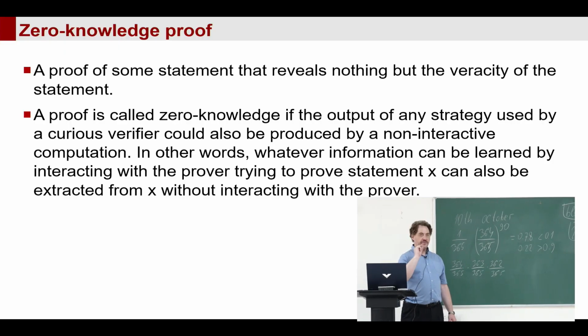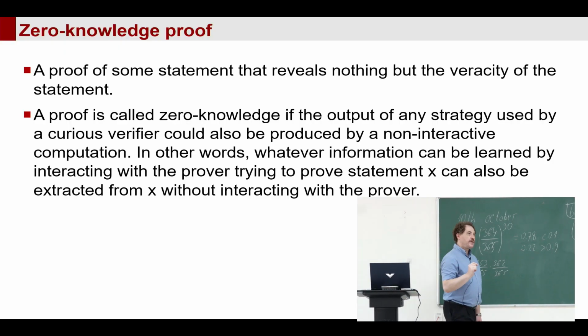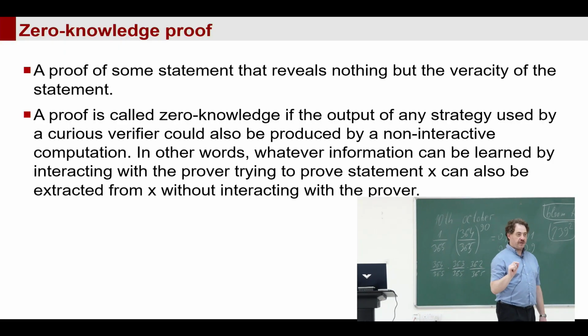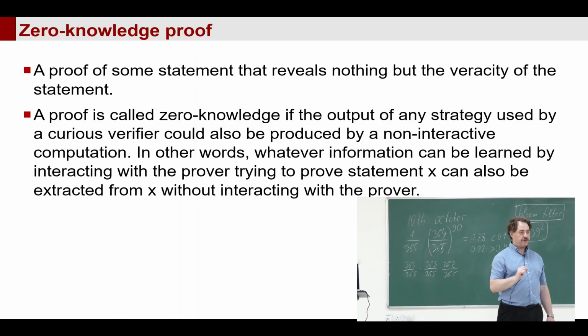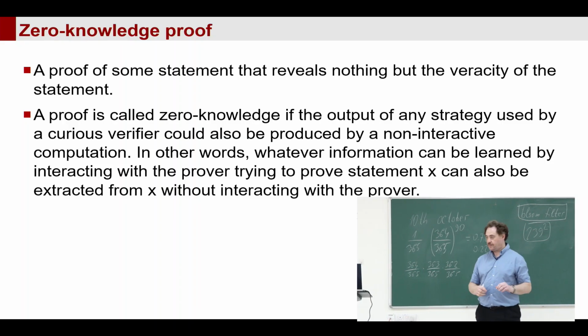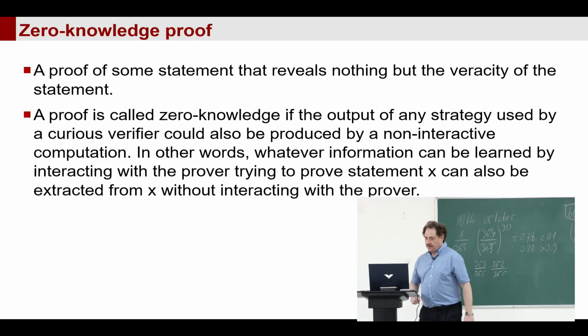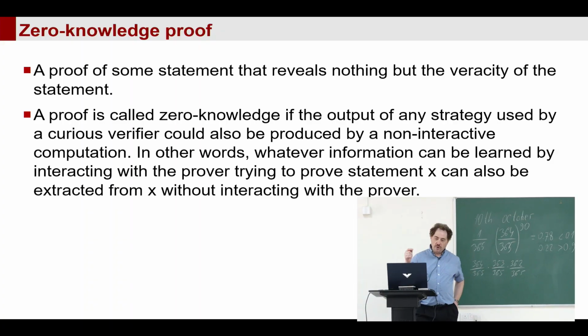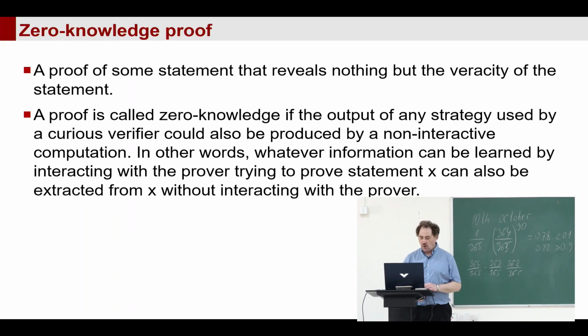I want to convince you that I possess a secret key. I don't want to show you the key. I don't want you to learn anything except the fact that I possess the key. So, formally speaking, a proof is called zero knowledge if the output of any strategy used by a curious verifier could also be produced by non-interactive calculation.